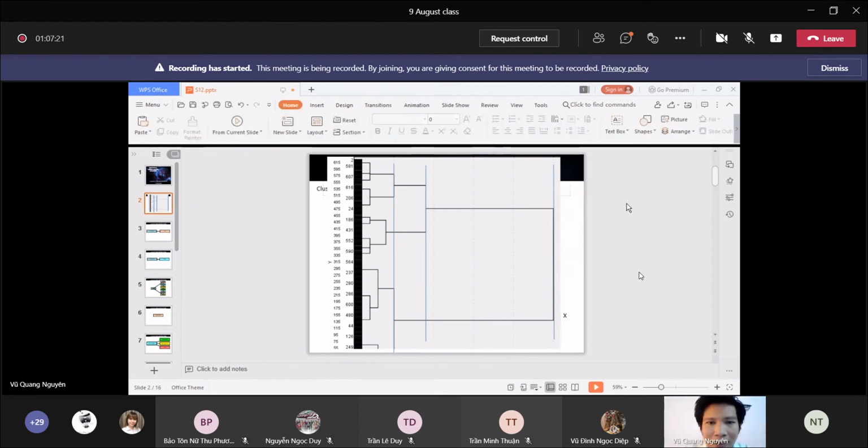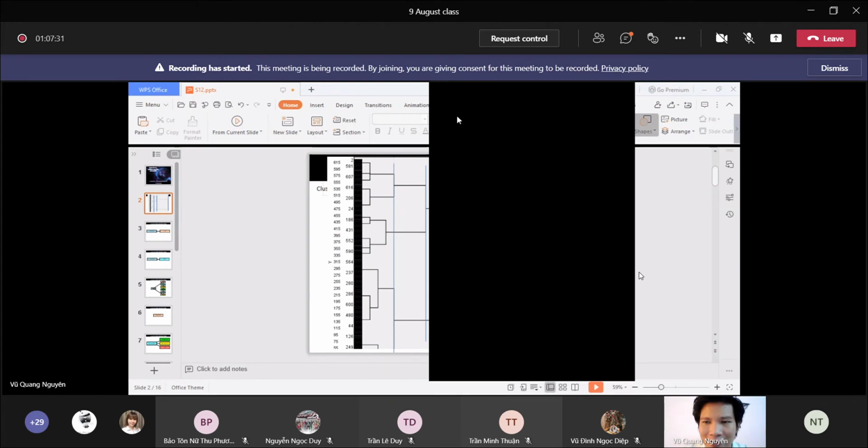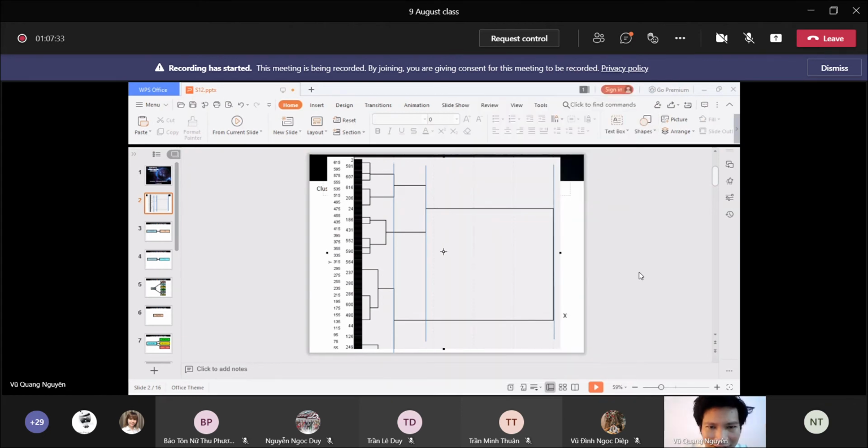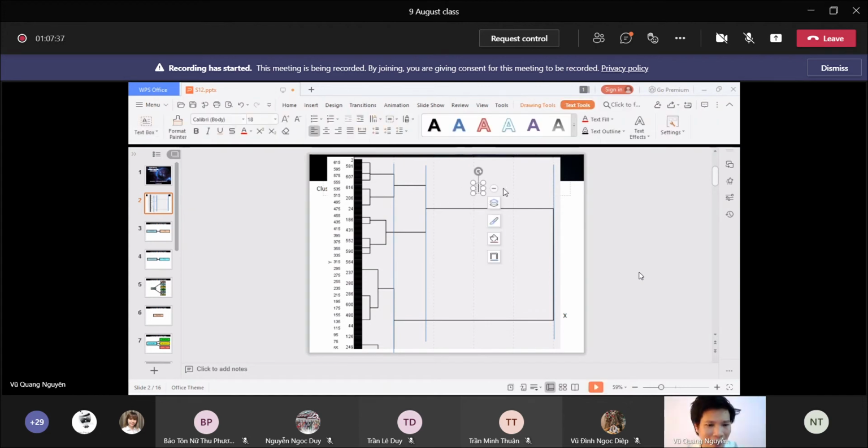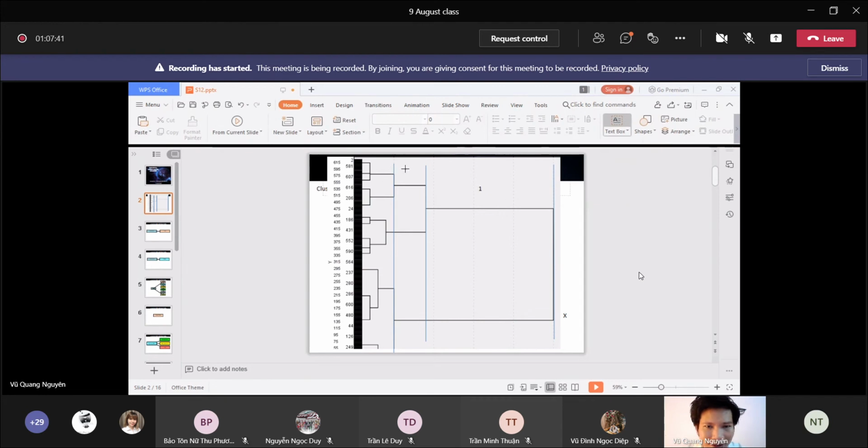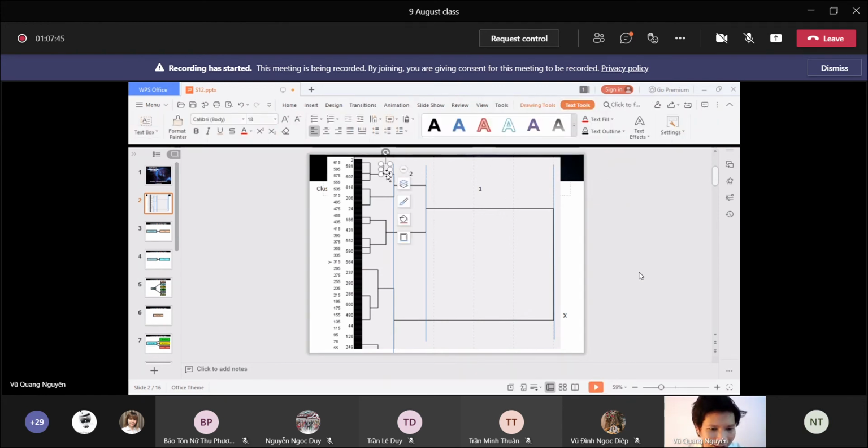Normally, after you draw the lines like this, you care about the longest horizontal one. Let's count this as 1, this part 2, and maybe we have part 3 here.